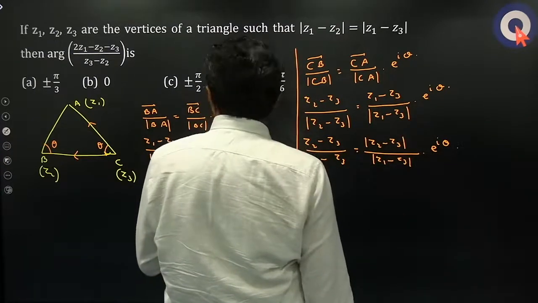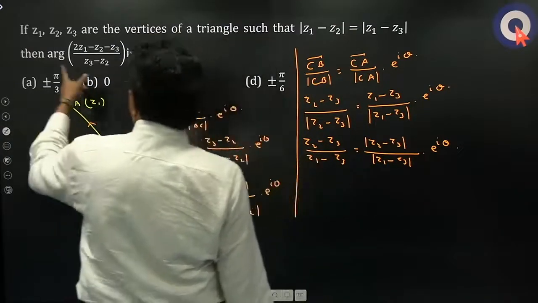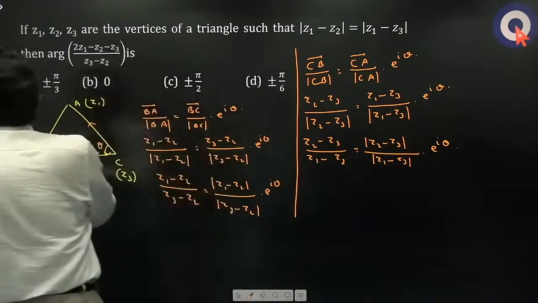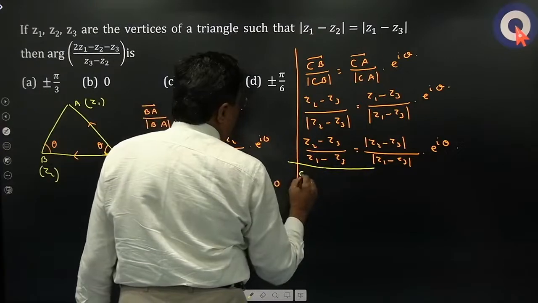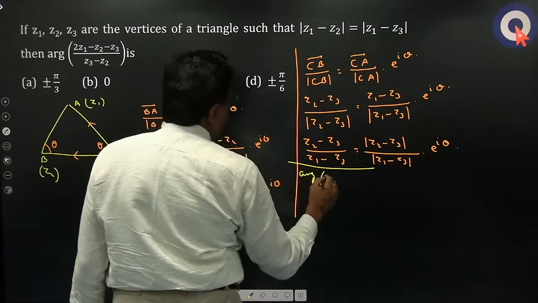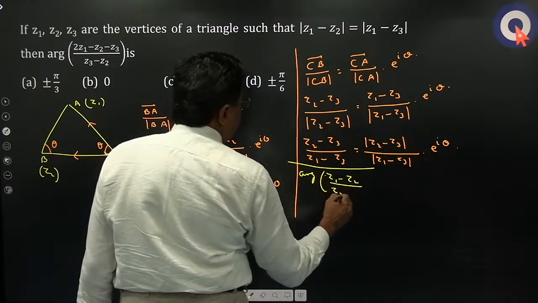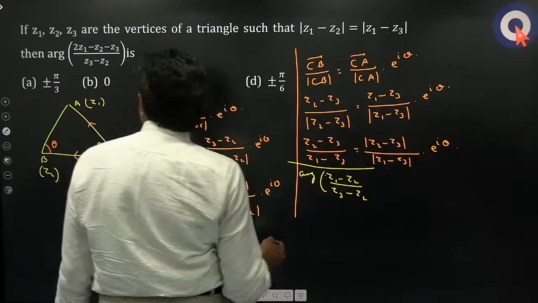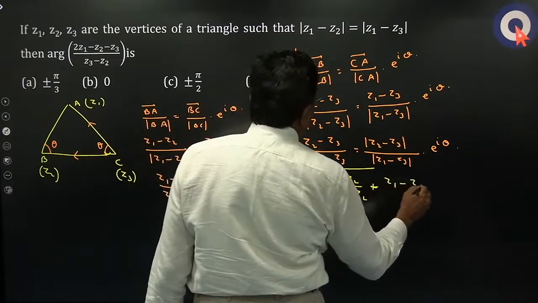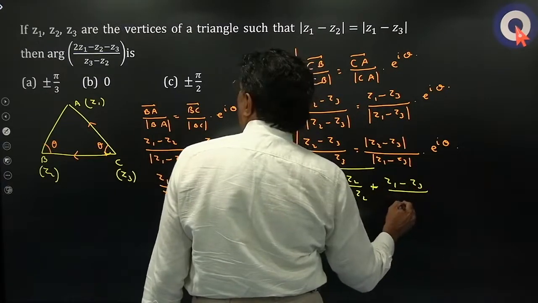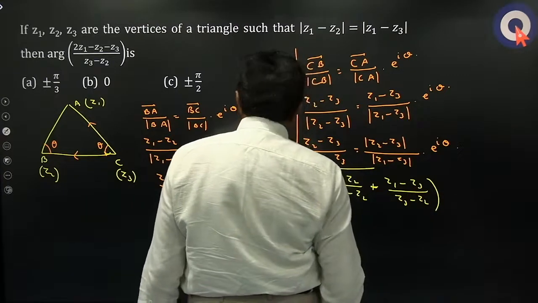Now let us look at what is actually required for us. For us, the argument of this is required. So the argument of what is required for us is the argument of Z1 minus Z2 by Z3 minus Z2 plus Z1 minus Z3 by Z3 minus Z2. This is what we want. Okay.